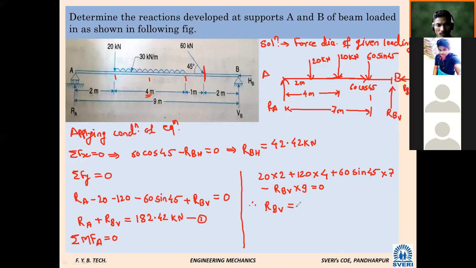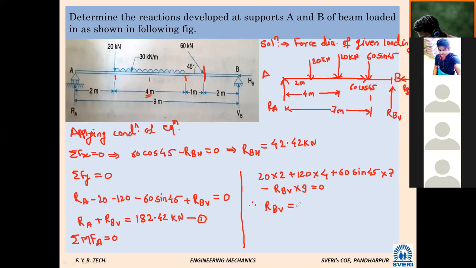Calculate and tell me what is that value. 90.77, after dividing by 9, kilonewton. Yes, sir, RBV.